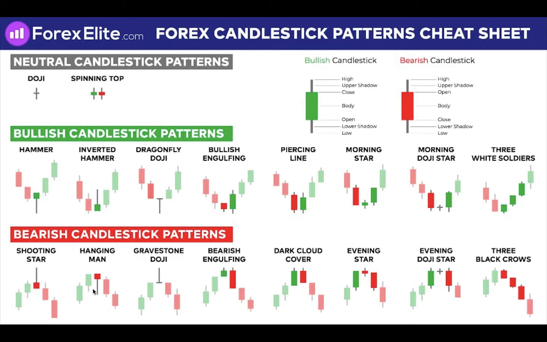And then there is the hanging man. So the hanging man is red and has got a short body and a long tail.